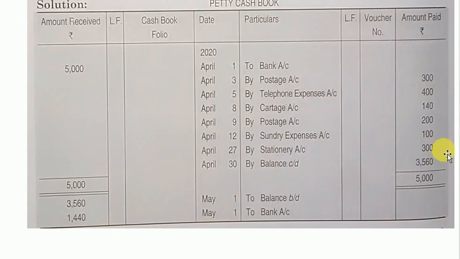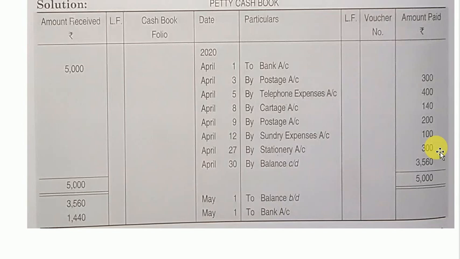Then we'll add all these expenses, that means 300 plus 400 plus 140 plus 200 plus 100 plus 300 rupees. After the sum of all these expenses, the result is 1,440 rupees. That means the total expenses incurred is 1,440 rupees.